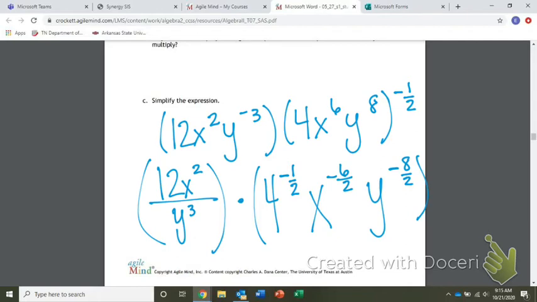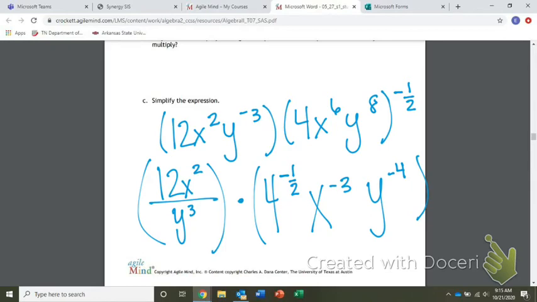Okay? Now, I want to simplify, though. What is -6 divided by 2? -3. And -8 divided by 2 is -4. Everybody agree? Okay.